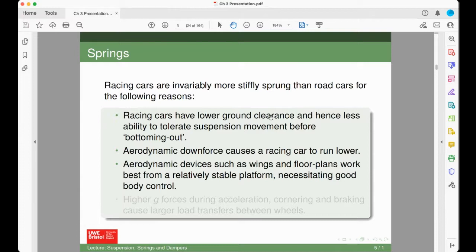This is way before your time, but back in the early 90s, the Williams Formula One team were at the top of the tables, and they introduced active suspension in 92 and 93, consequently winning everything.